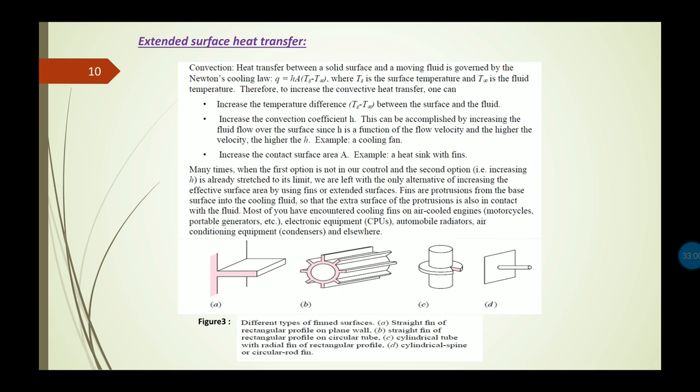And in the last diagram, 3d, we can see the cylindrical spine on a circular rod fin. So these are the different extended surfaces, or different shapes or types of fin surfaces, which are used to extend the convective heat transfer.